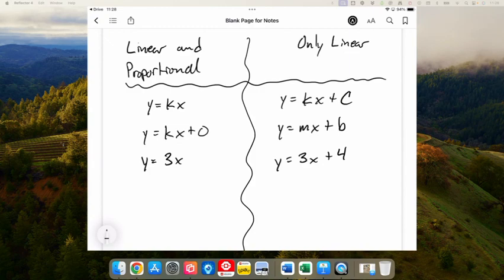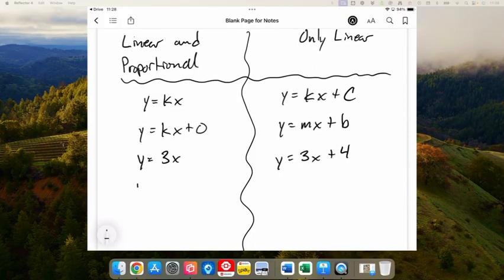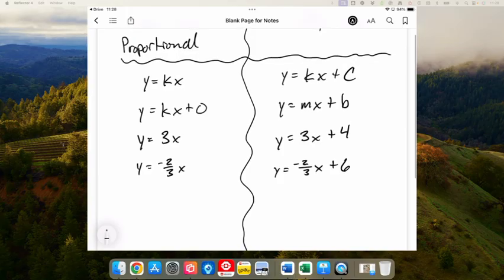A couple more examples of proportional versus linear. We could have something like negative 2/3 x. That would be proportional because it would pass through the origin. And I can change it to make it not proportional by adding any number to the end. Now that relationship is no longer proportional, it is only linear.